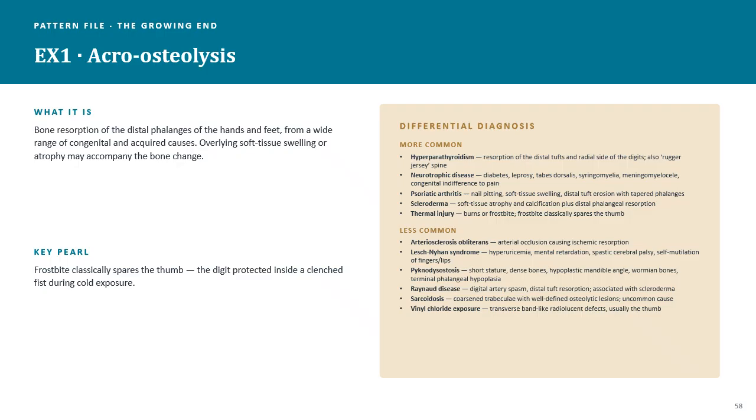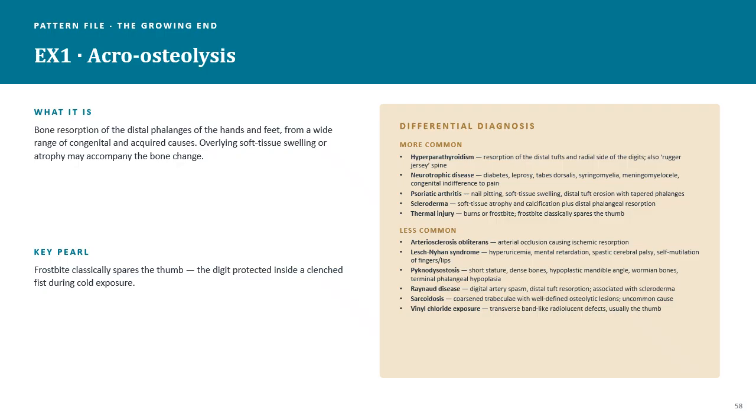So one clue in terms of these patterns is that when the patient has hyperparathyroidism, the doctor might see some resorption of the distal tufts when we're talking about the bone changes.